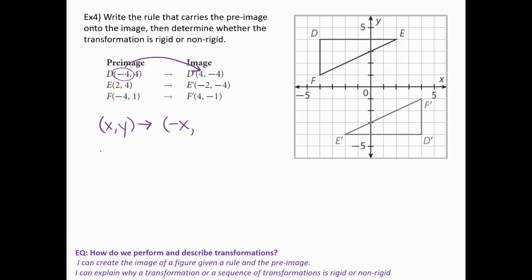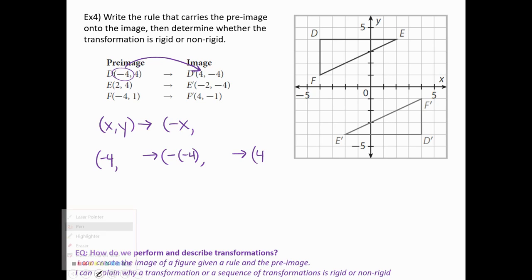Okay, so we can always test it out. So I could try -4, and then if I follow that rule, that means I would do -(-4), and then when I go to the end result of that, I would get 4. Negative times a negative is +4.